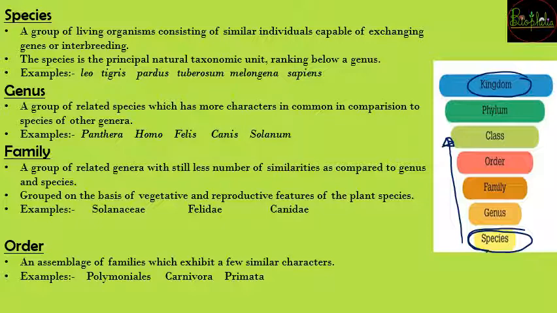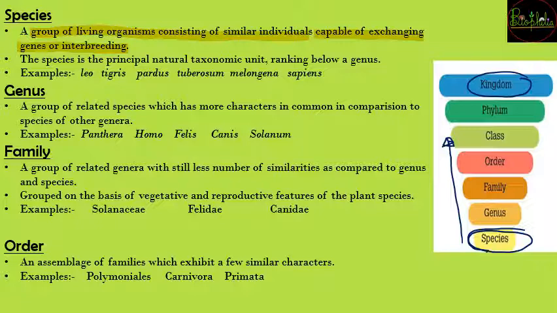तो species क्या होती है? Species are nothing but a group of living organisms consisting of similar individuals that are capable of exchanging genes and interbreeding. इंटरब्रीडिंग करने का मतलब है to produce fertile offsprings. If the living organisms can produce fertile offsprings, then they are grouped together to form the species.